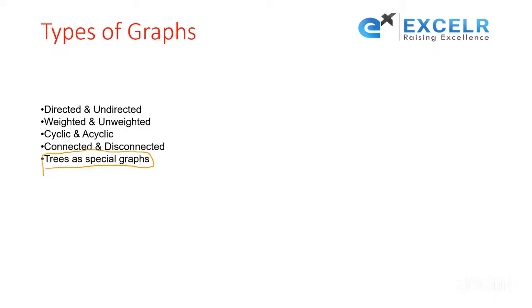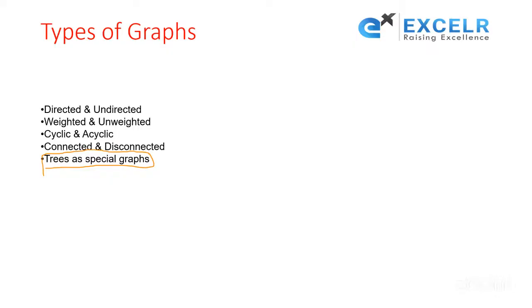Can I say a graph can be a tree? See, I told you, is a graph a tree? Yes, a graph can be a tree. When? If it is connected, if there are no cycles, and if it has got n minus 1 edges for n vertices.